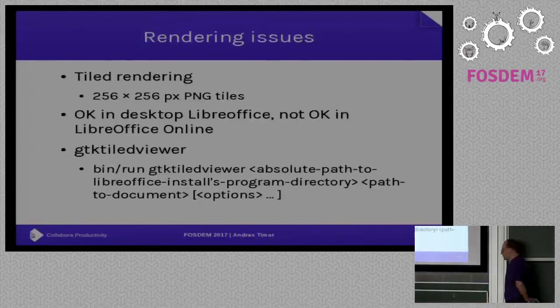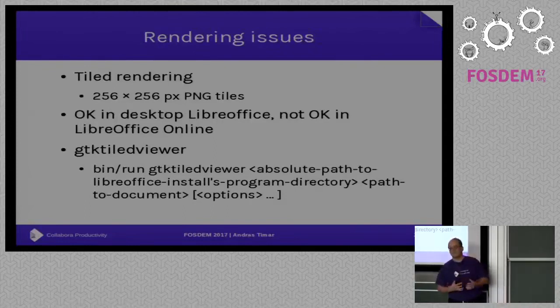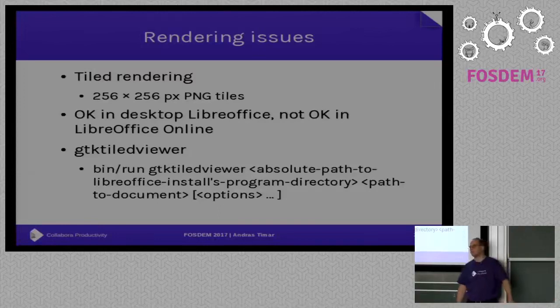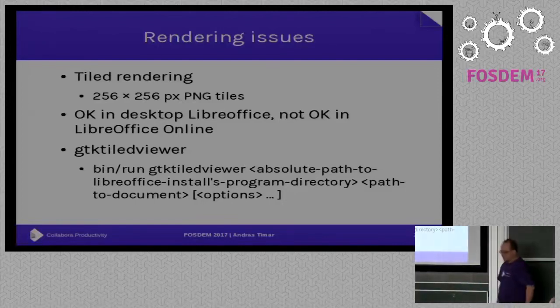So the first topic is about the rendering. Behind the scenes, there is the concept so-called tiled rendering. For LibreOffice Online, we render the document into bitmaps, into 256 by 256 PNG tiles, and at the client side we put those tiles together and render the image.